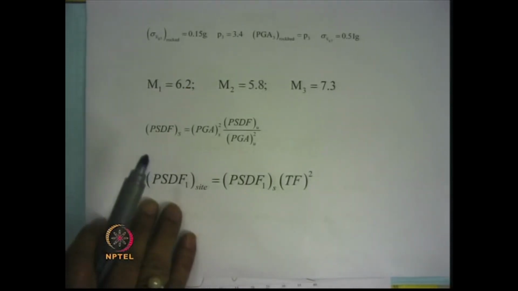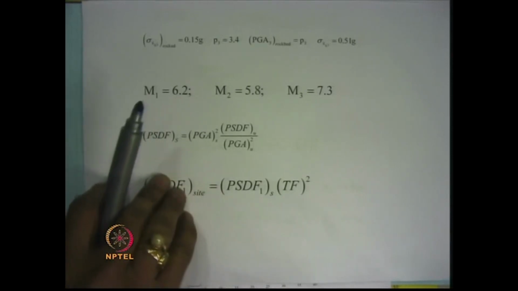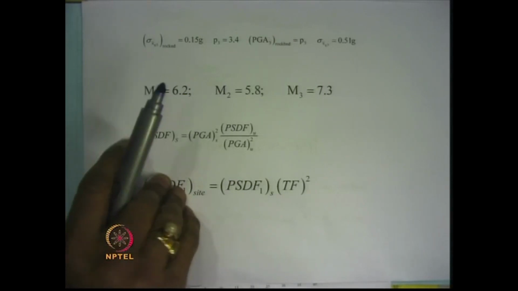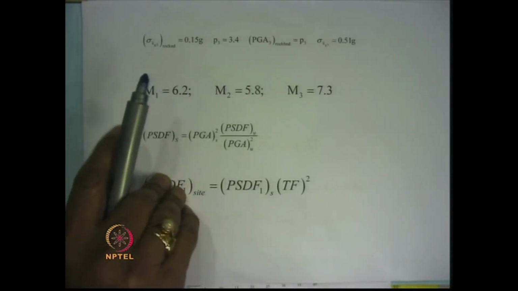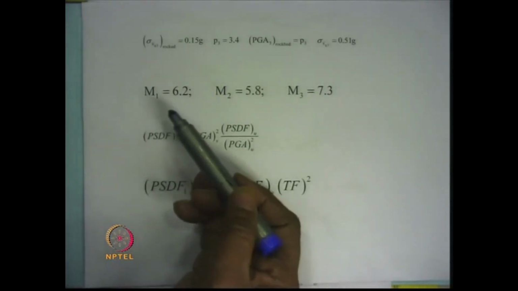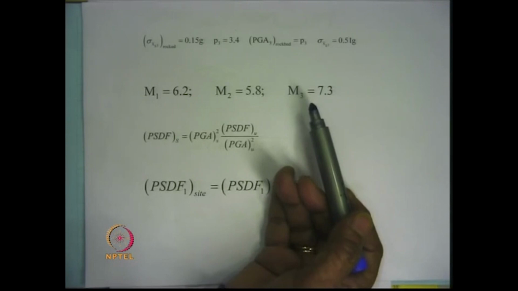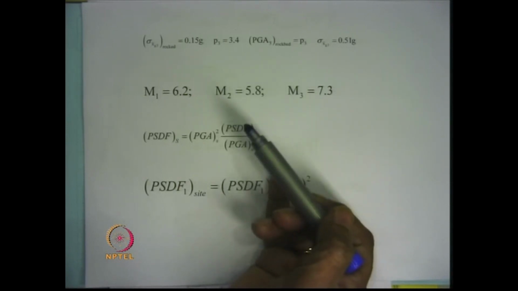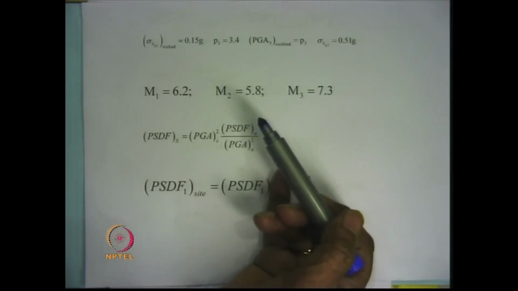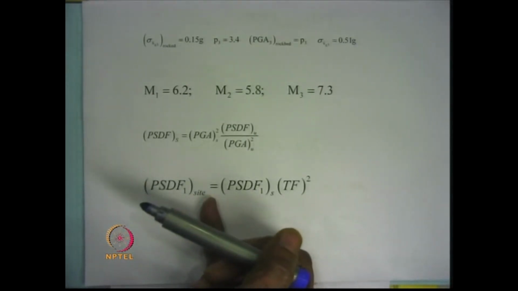Now, it is specified that the site specific spectrum should correspond to a magnitude of earthquake which is equal to 7. Therefore, all the power spectral density functions which were obtained at the rock bed level for site 1, site 2 and site 3 must be scaled for the magnitude of earthquake, that is, these magnitude levels should be brought to the level of 7.